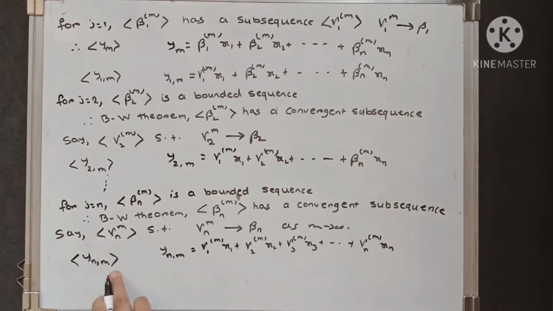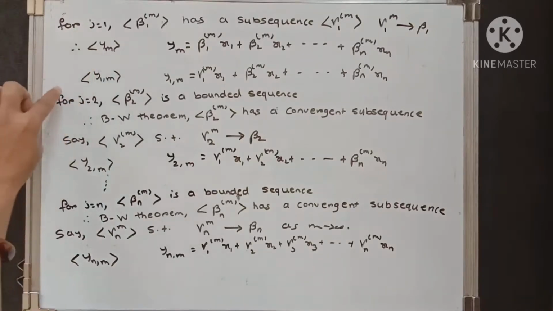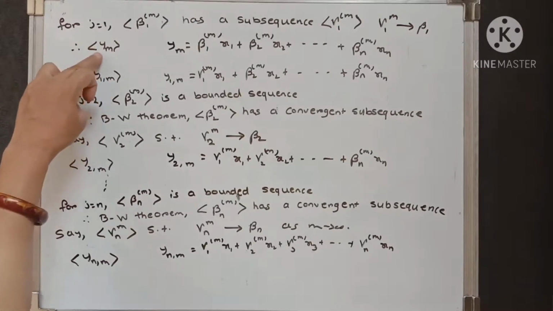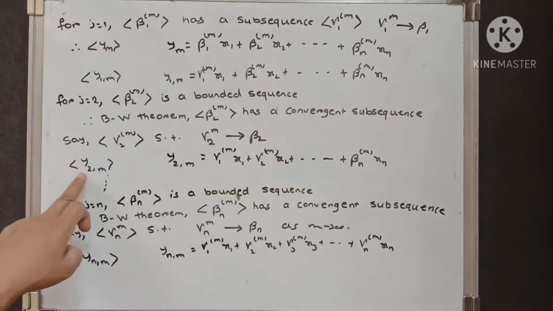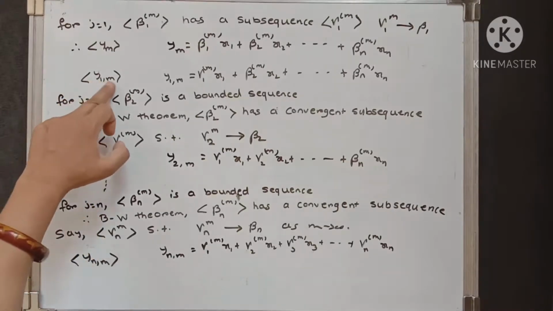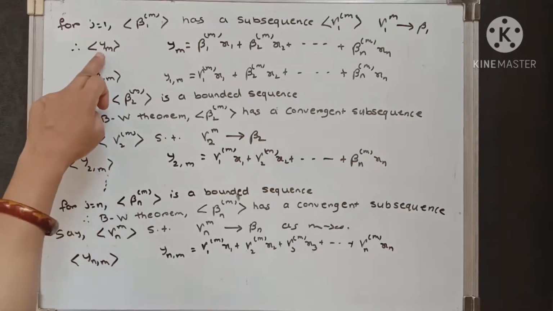Now it is a subsequence of the sequence yn minus 1m, and so on. Therefore the sequence ynm becomes a subsequence of the sequence ym, because y1m is a subsequence of the sequence ym, and the sequence y2m is a subsequence of the sequence y1m, which is a subsequence of the sequence ym, therefore it is also a subsequence of the sequence ym.